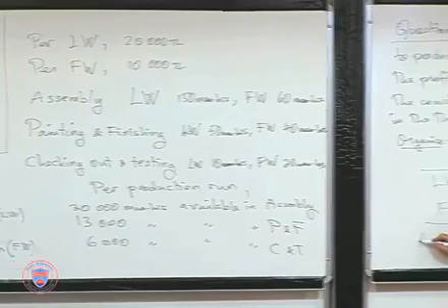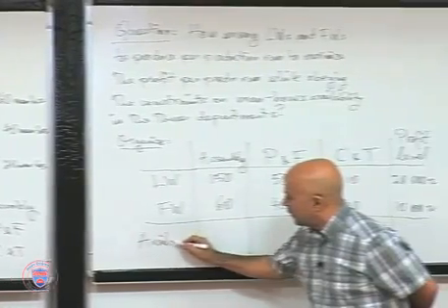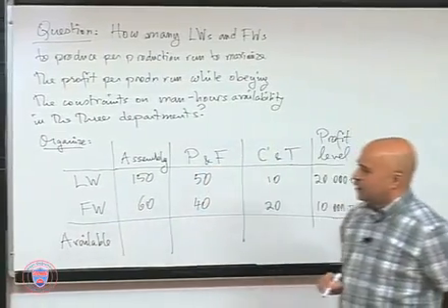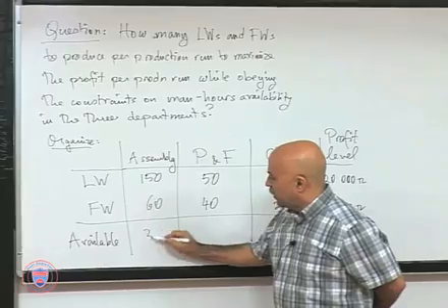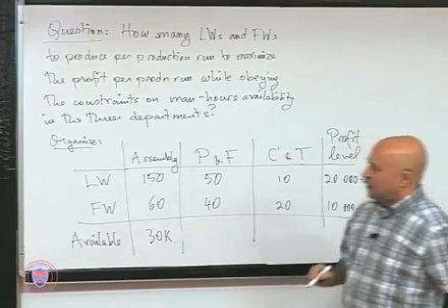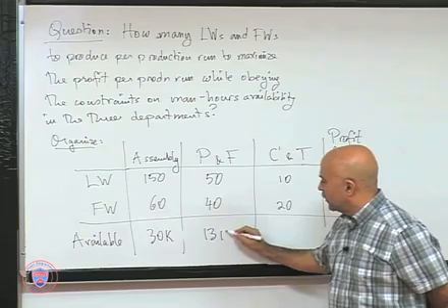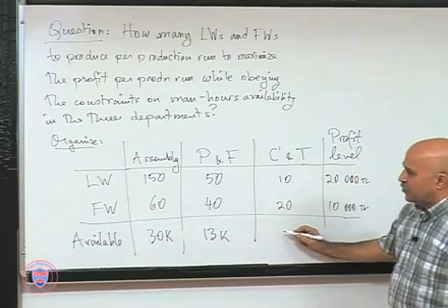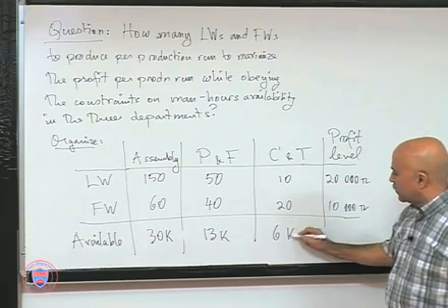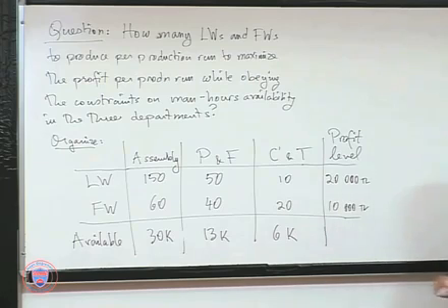The available amount, we can just put it down as an extra row here. We've got 30,000 available in the assembly, 13,000 available in the painting and finishing department, and 6,000 in the checking out and testing division. Okay? It's compact, it's good. You know, you see things at a glance.